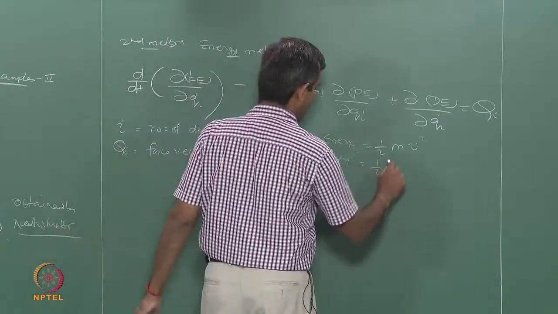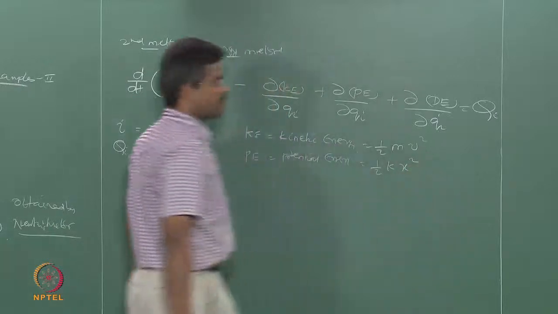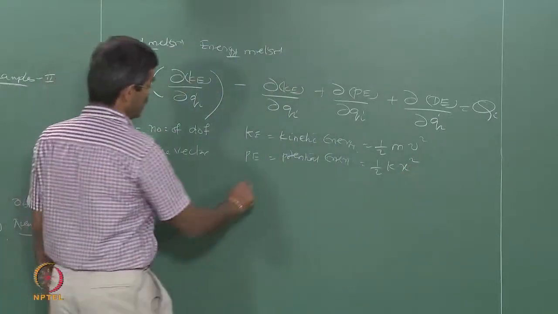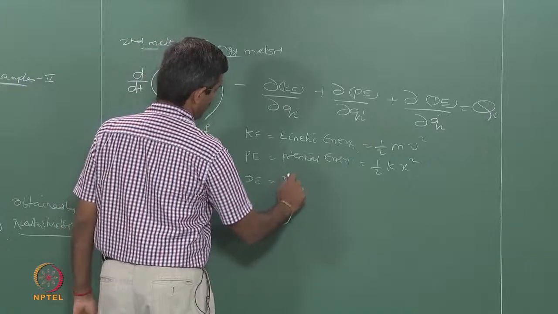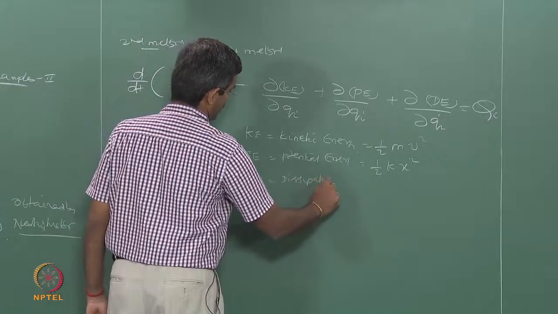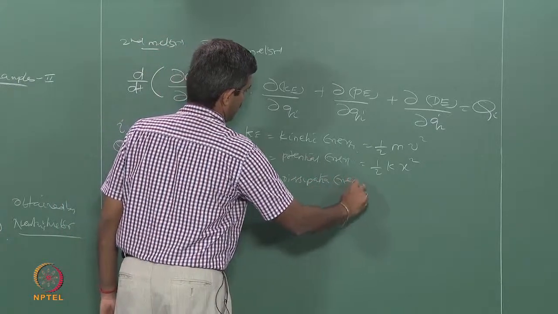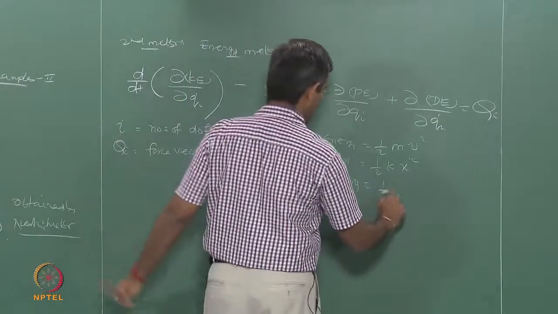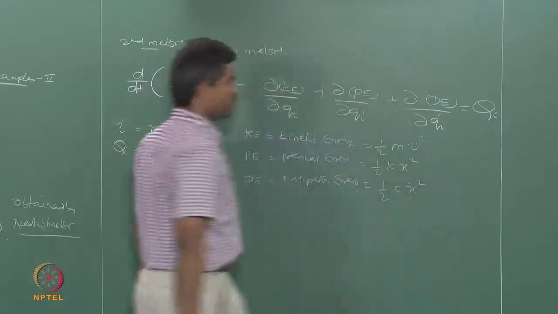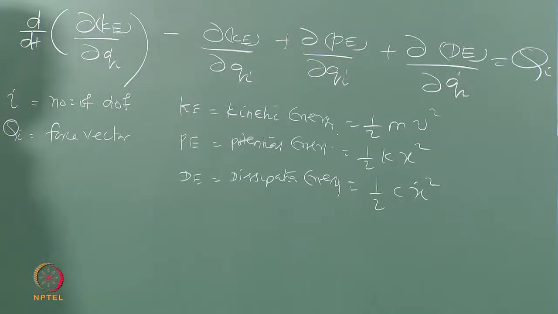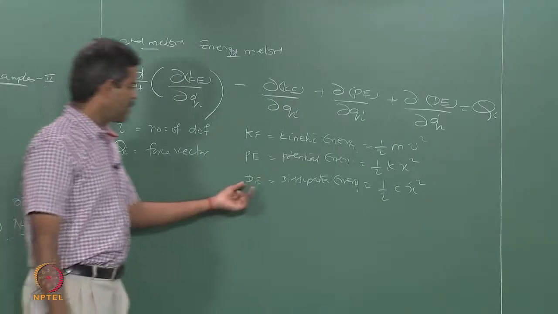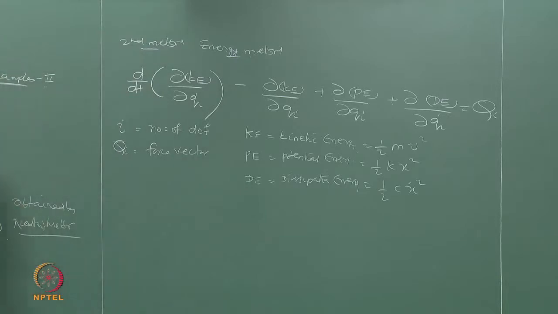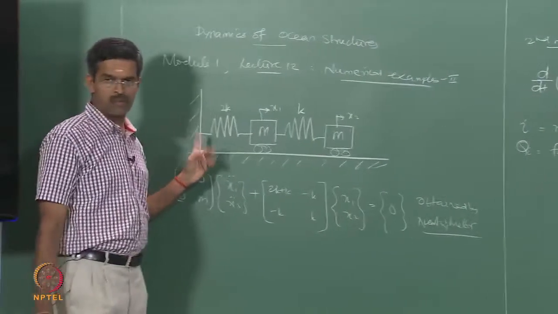For this particular example, it is half k x square, and DE represents dissipation energy. In this example, of course, it is half C x dot square, but this example is not applicable because there is no dashpot or damping attached to the model.